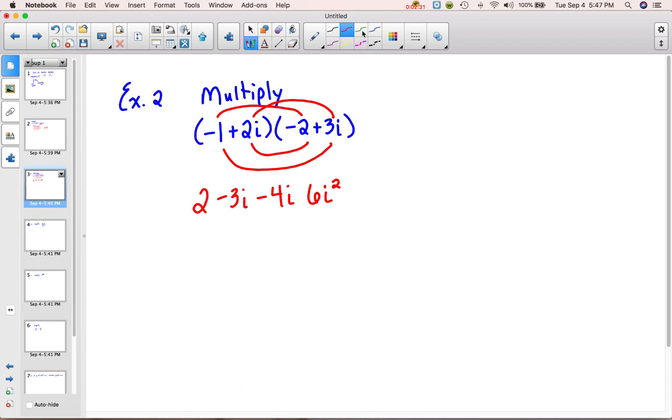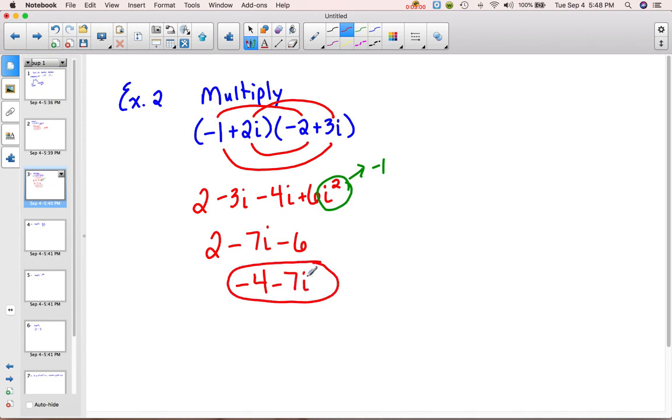Now, keep in mind, every time you see an i squared, you're going to think that's -1. So this becomes 2. I'm going to combine these. I get -7i. And where did I lose my sign here? This was a plus. So we're going to have a 6 times a -1, so that's going to change this to a -6. So we end up with -4 minus 7i, and that would be my answer.